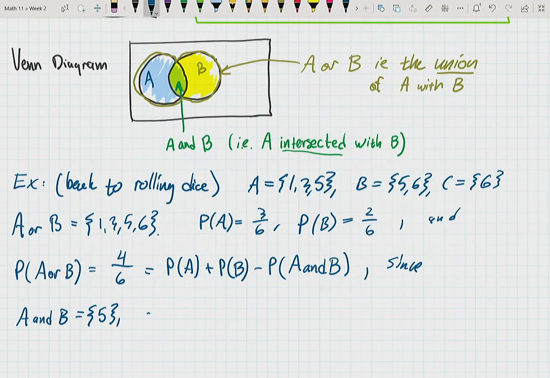So probability of A and B is 1 out of 6. Cool. Okay, so the formula seems to hold. Works in this case. All right, because 3 plus 2 minus 1 is 4.